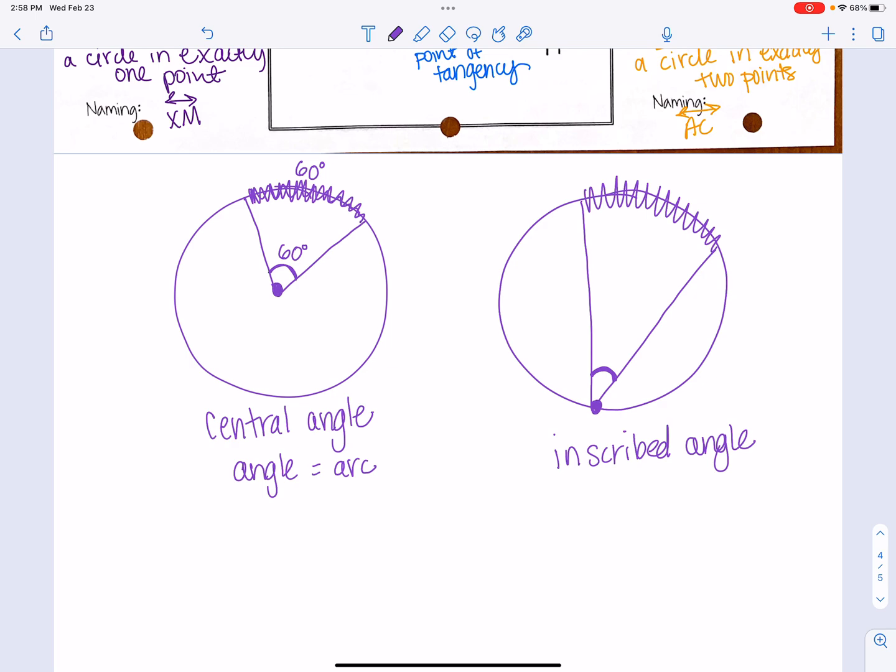And instead of that being equal, your angle is going to equal half of your arc. So if this is 70 degrees of the circle on the outside, then this guy is going to be 35 degrees. So central angle is going to be equal to the arc. Inscribed angle is going to be half the arc.